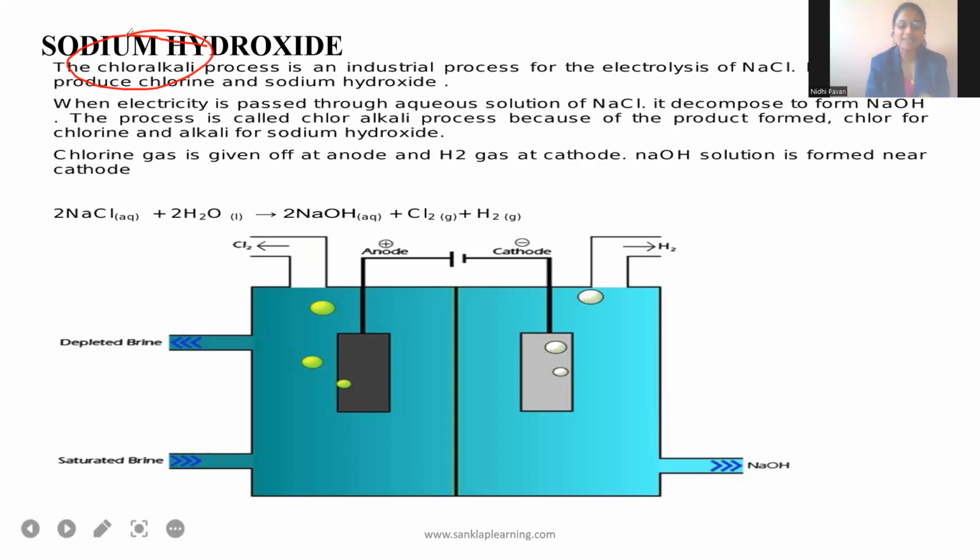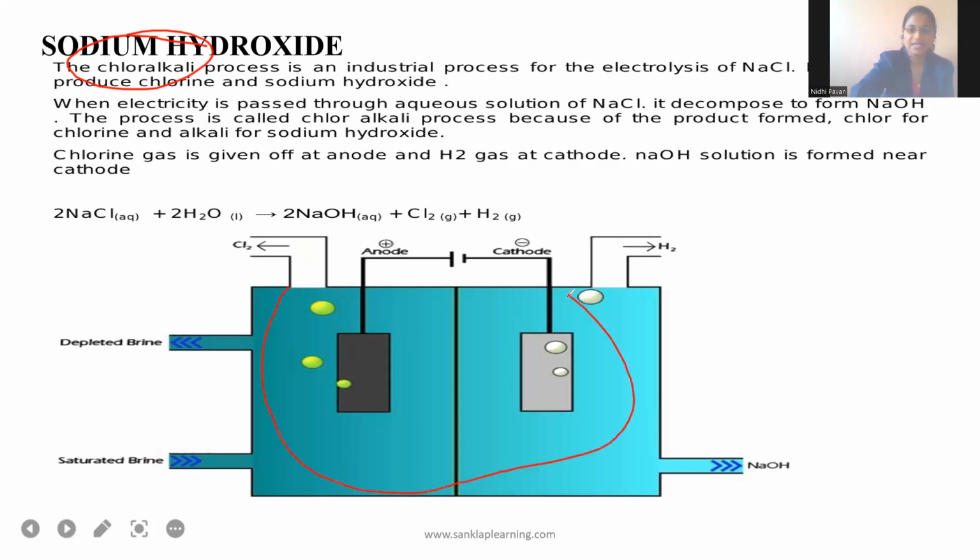Why? Because it is prepared from sodium chloride: Cl is chlor, and alkali, because sodium hydroxide is a base or an alkali. What they do in this is, electricity is passed through an aqueous solution.